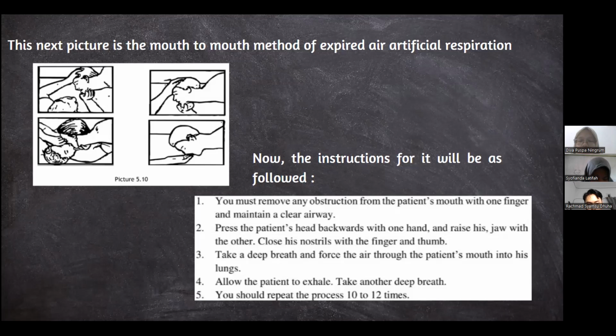Next, take a deep breath and force the air through the patient's mouth into his lungs. Number 4, allow the patient to exhale and then take another deep breath. Number 5, you should repeat the process about 10 to 12 times. So these are the instructions. Can we move to the next part?